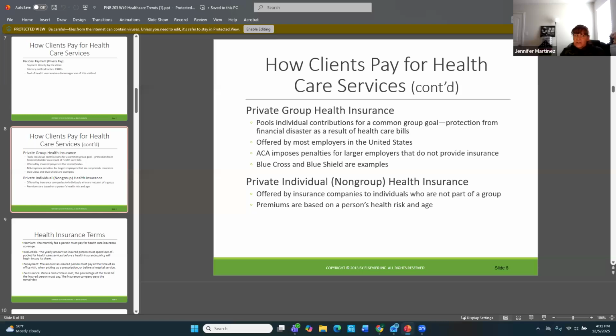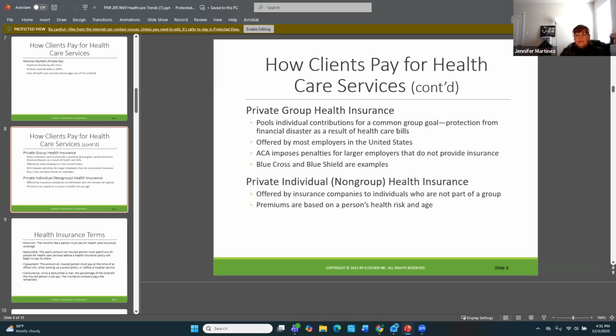Before implementation of the Affordable Care Act, a lot of people couldn't afford healthcare insurance. So again, the Affordable Care Act has definitely improved the process. The Affordable Care Act also imposes penalties for larger employers that don't provide insurance. I don't remember exact numbers, so I apologize for that.